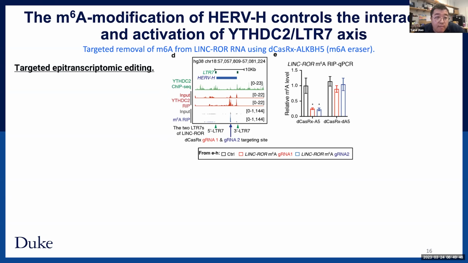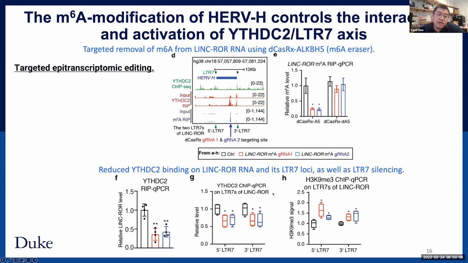As you can see from panel E, after targeting this m6A eraser to the m6A peak of HERVH, we can effectively reduce the m6A modification level of HERVH transcripts.